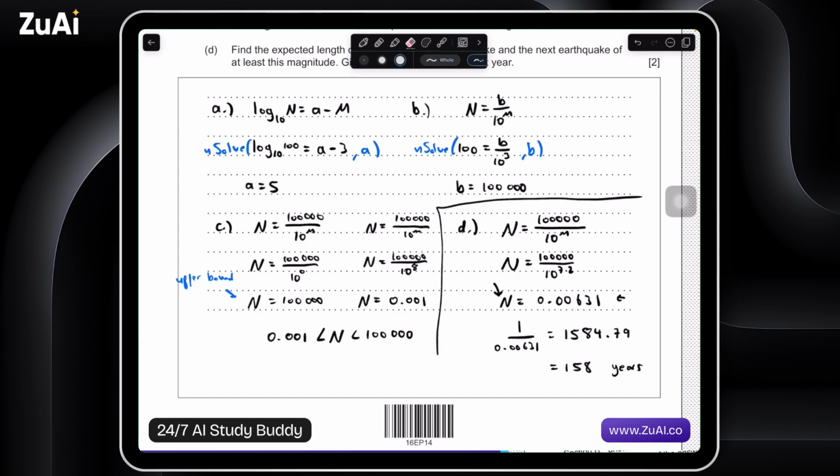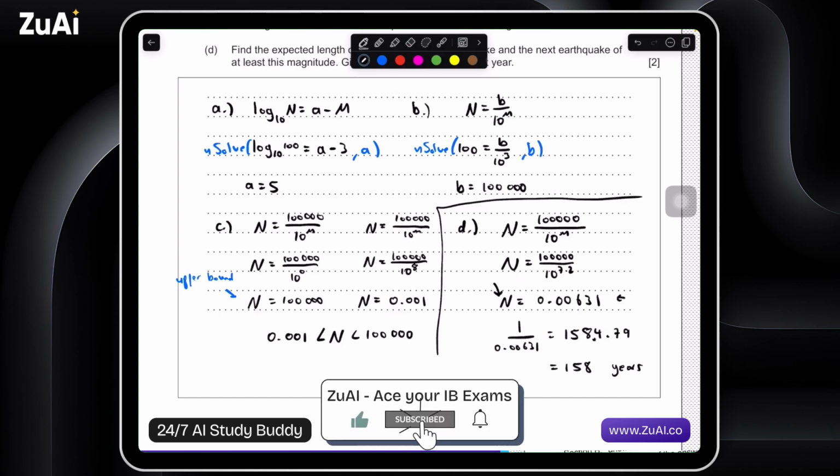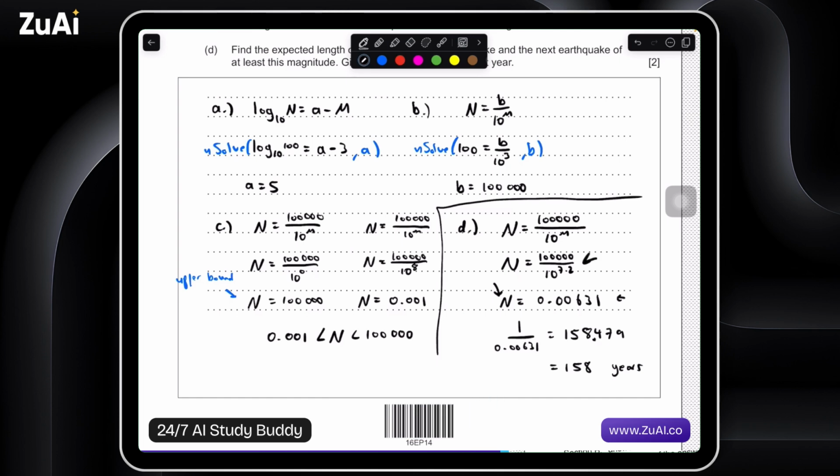Okay, 158. Let me just change this decimal point real quick. Okay, so 158 years.